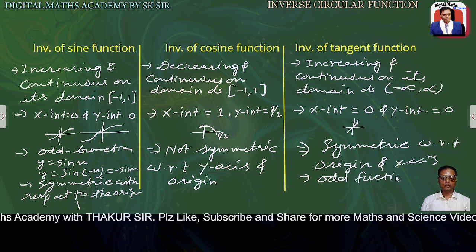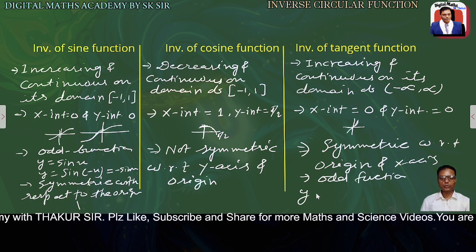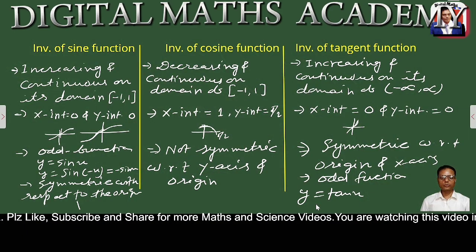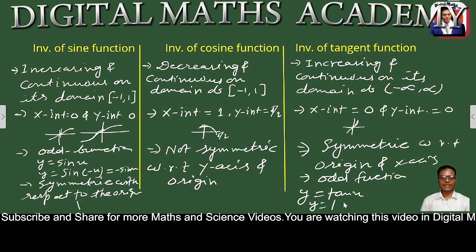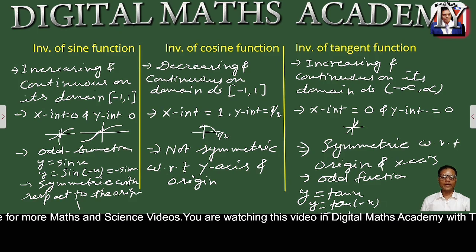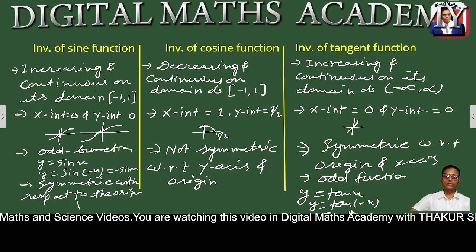How can you say that it's an odd function? Because for tan also, if y is equal to tan x, and y equals tan of minus x, then tan of minus x gives us minus tan x. So we can say that it is an odd function.